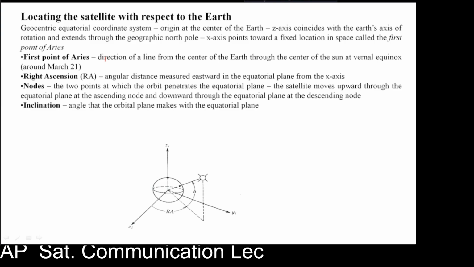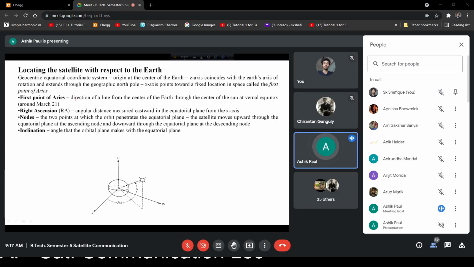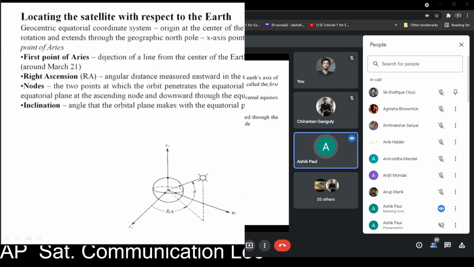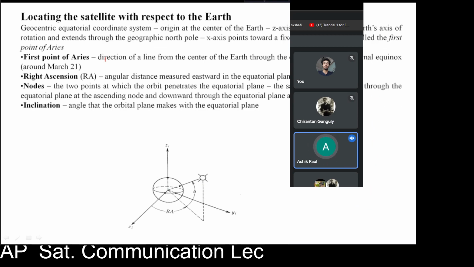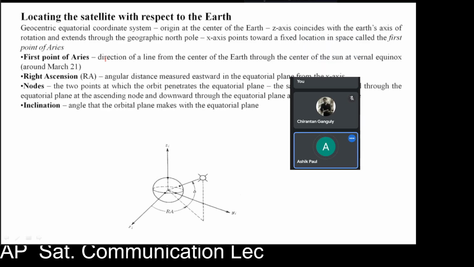Like after this autumnal equinox this month, around 21st of September, a few days from now, the sun will start to move towards the southern hemisphere, so that the days will become shorter in the northern hemisphere and the nights longer, and just the reverse will happen in the southern hemisphere of earth.